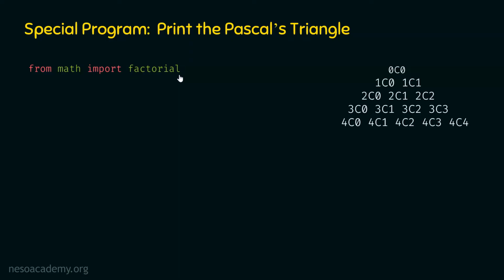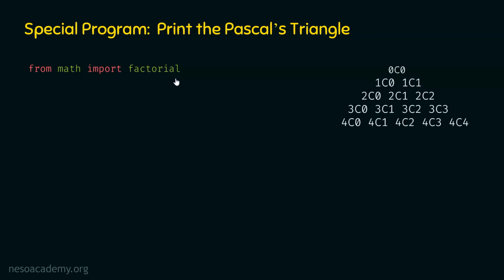This function we are importing from the math module. With this instruction, we are asking Python to import this function in this program. That's what we want. So this factorial function will be imported to this specific program, and now we are ready to use this factorial function in our program.